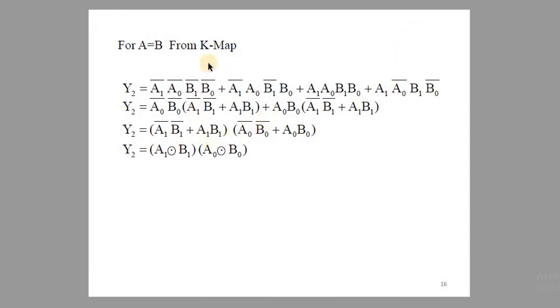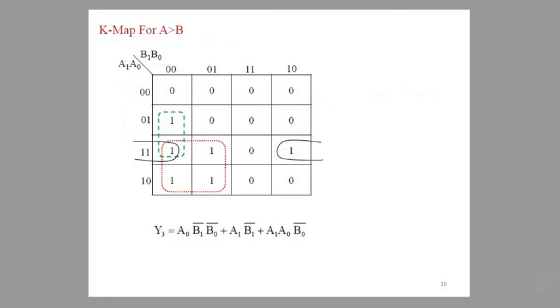This is the simplification at last by using Boolean algebra. Y2 is equal to (A1 XNOR B1) and the second bracket (A0 XNOR B0). Okay, this is at the last. When we apply Boolean algebra, it comes to this logic expression.